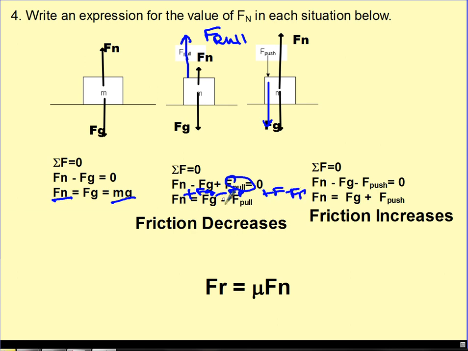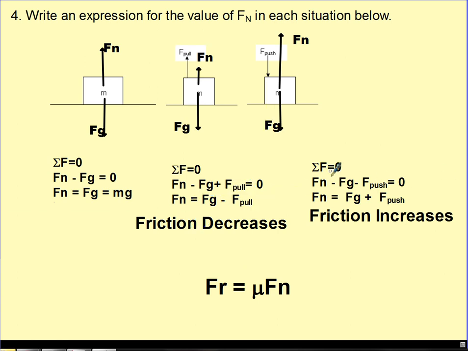So the normal force is Fg minus the force of the pull. Since friction is mu Fn, I can see the normal force is going to go down because I'm pulling up, and so the frictional force will go down. Think about that. Someone is helping you move a dresser, and they help you by lifting up a little bit. It's easier to pull it.